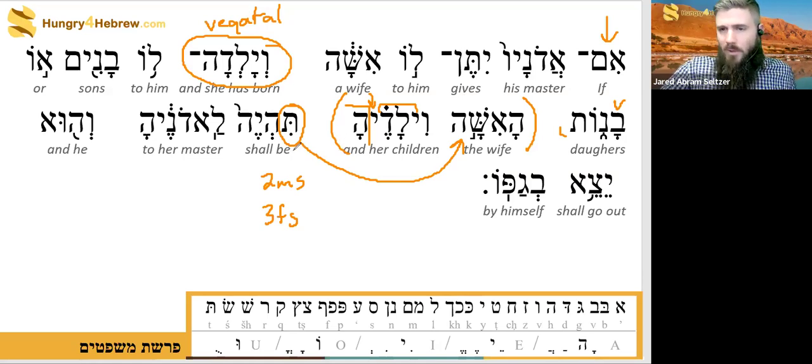Well, Hebrew doesn't care about that as much. They're just making it equal, matching the person, gender, and number of ha'isha. Tihye, she shall be, ladoneha, to her master or to her masters. Vehu, the guy who came and left, yetse vagapo, will go with his own body by himself.